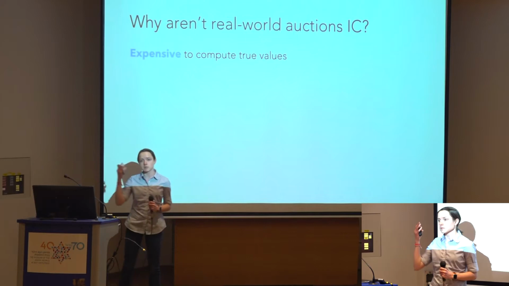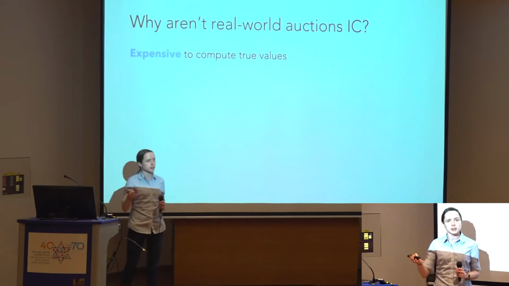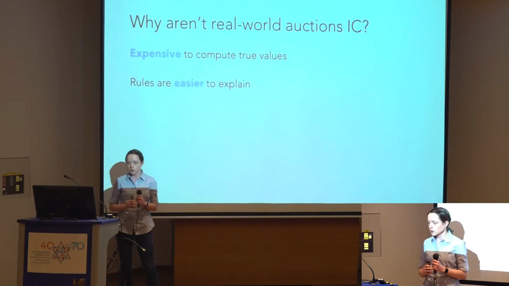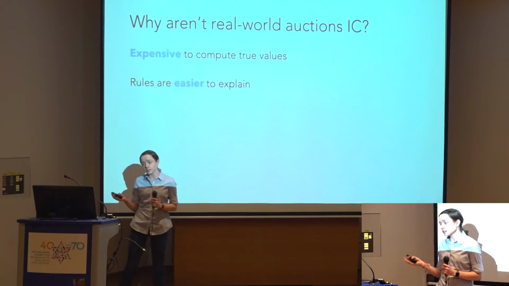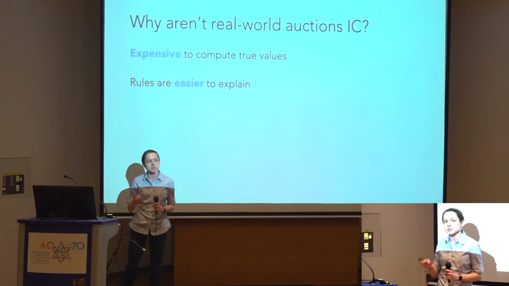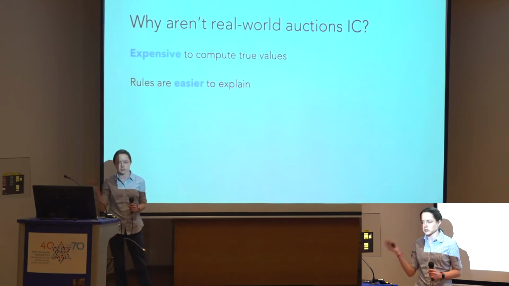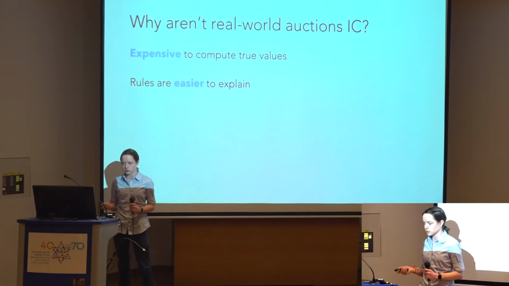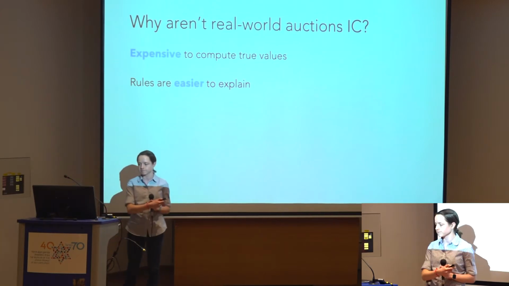So a mechanism that would be incentive compatible if the agents could actually compute their true values is no longer incentive compatible. Another reason is that for whatever reason, oftentimes non-incentive compatible mechanisms have rules that are easier to explain. So one example of this is the first price auction, which is pretty much the simplest auction you could hope to explain to someone.